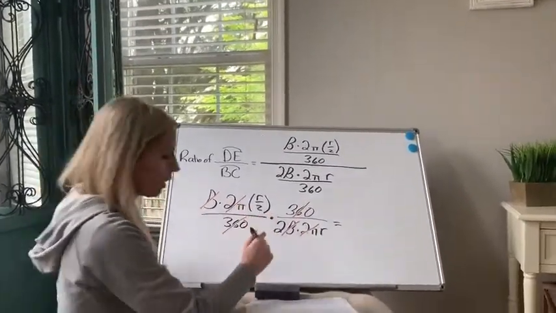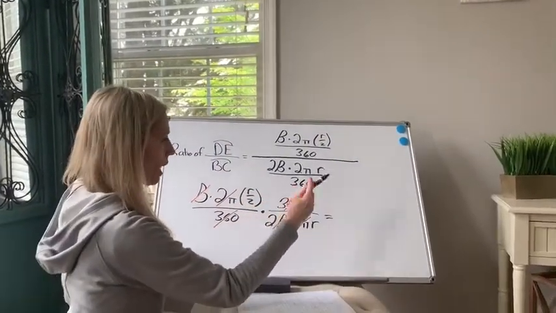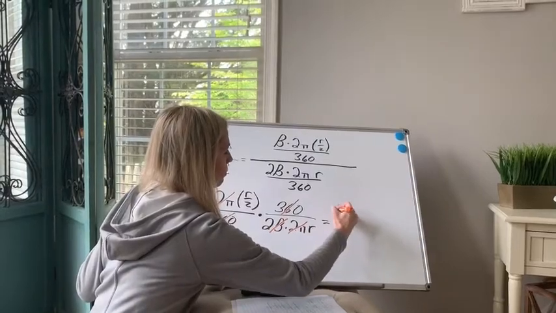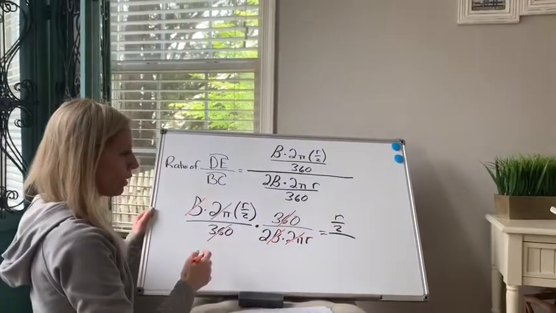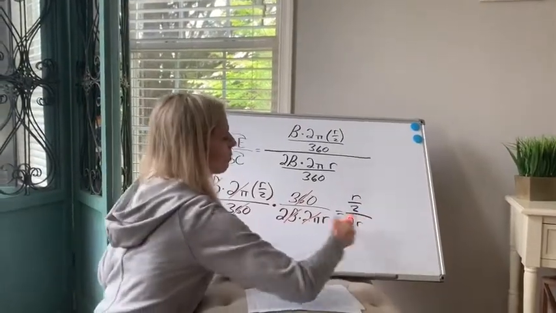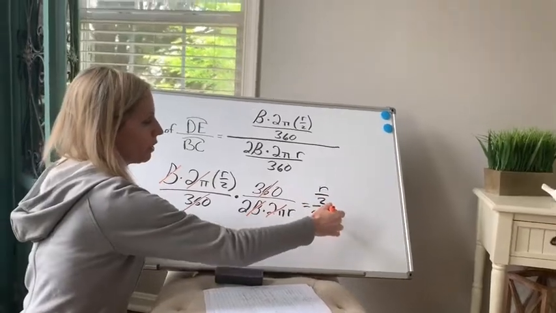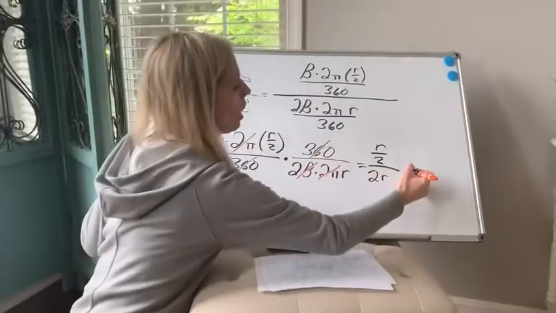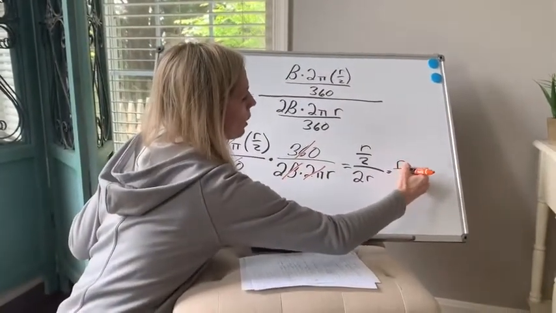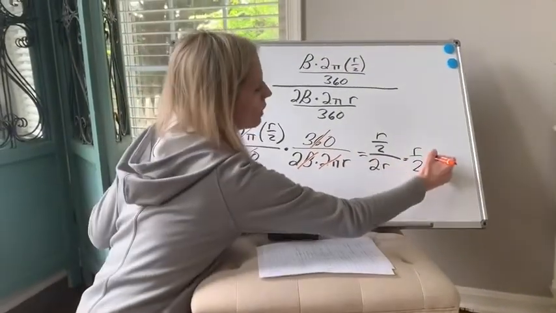And then I'm going to take what I've got here, and I'm just going to go ahead and write it over here. So I have r/2 left in the numerator, and then I have a 2r in the denominator. All right, so now I have a fraction and I'm dividing it by something, so I want to use my same method. I'm going to take whatever is in the numerator and multiply it by the reciprocal of what's in the denominator.